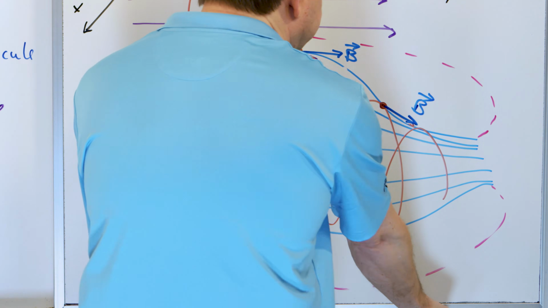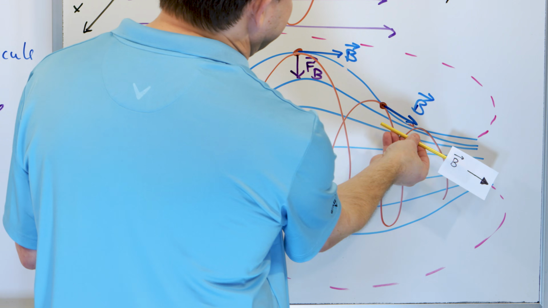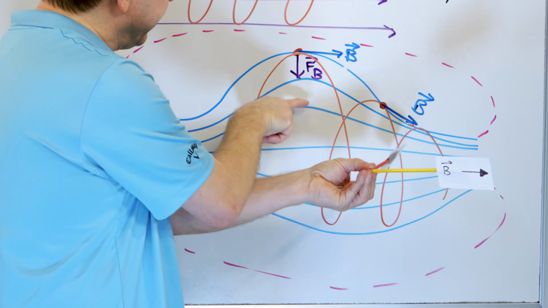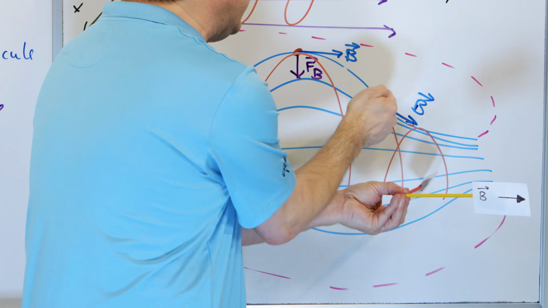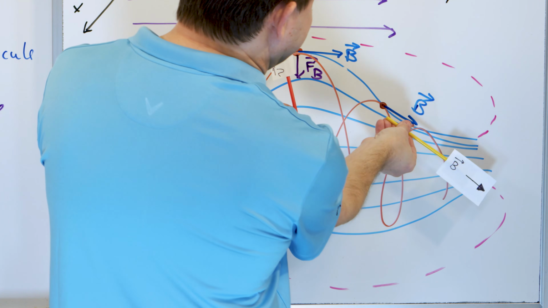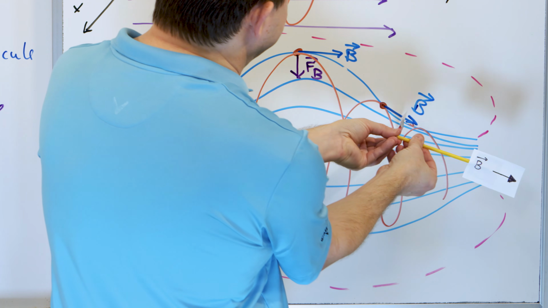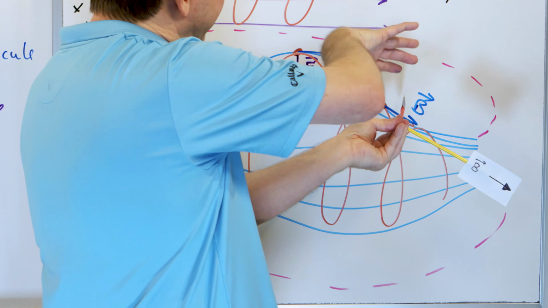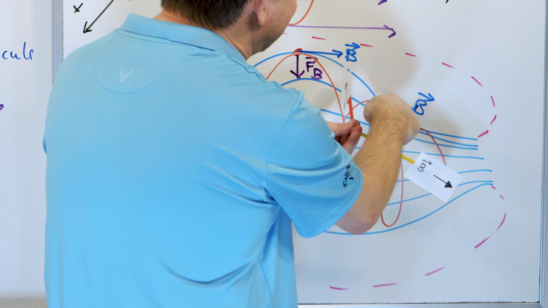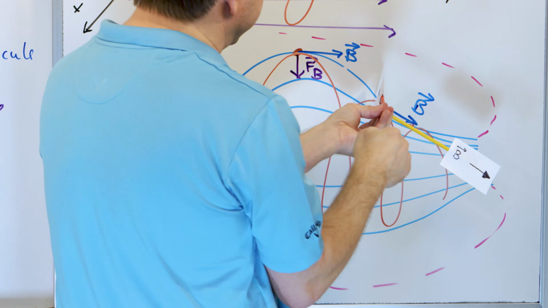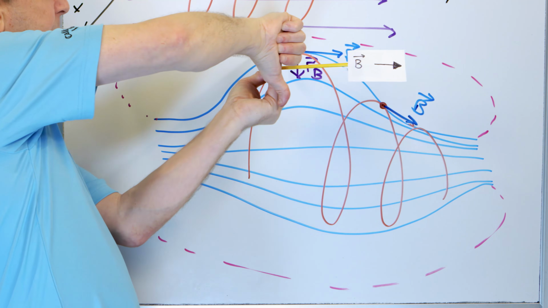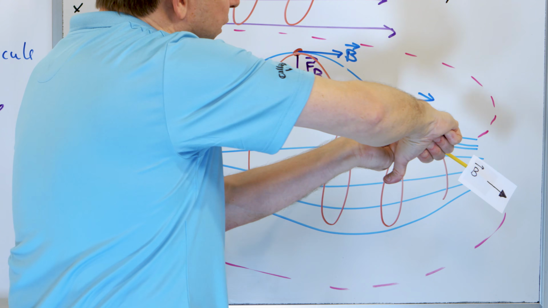So if the magnetic field is now acting downward like this, and the velocity of the particle is still into the board, because what happened is it was spiraling here, now it got back to this point and is going into the board again, but the magnetic field is down, and this thing is traveling into the board like this, right? Then it's QV cross B. Look at what's happening. The field is now slanted, and the velocity is into the board. QV cross B means I have a thumb that's acting no longer, up here it was straight down, but down here it's at an angle.